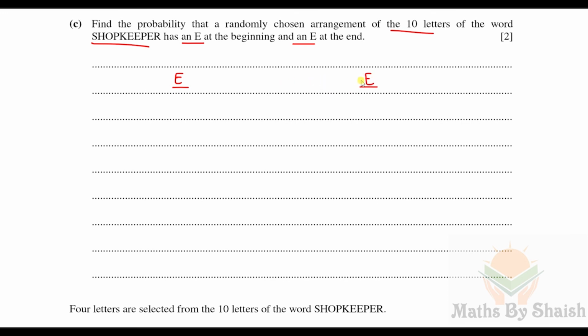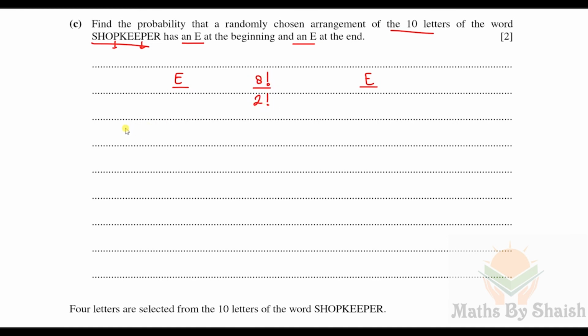Now once we have these two e's fixed, we are left with only 8 letters, and out of those 8 letters we have 2 p's. So we can arrange these in 8 factorial upon 2 factorial ways.